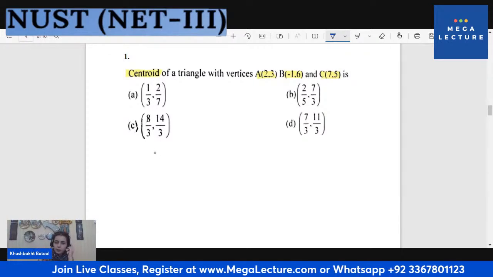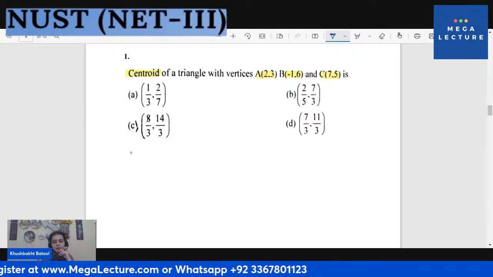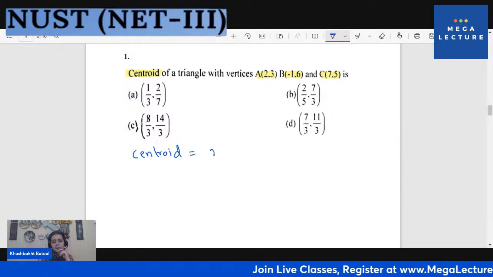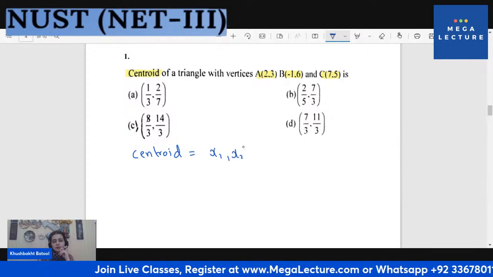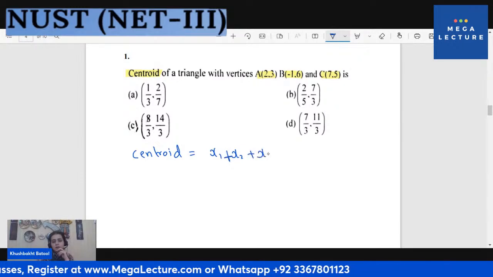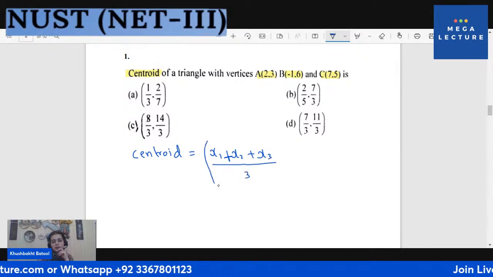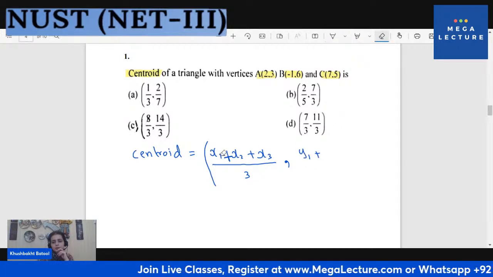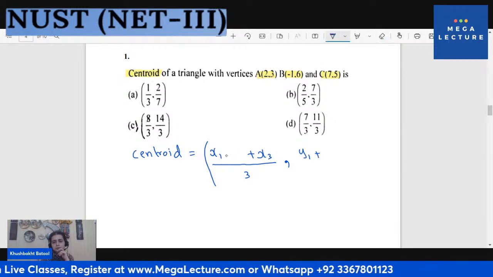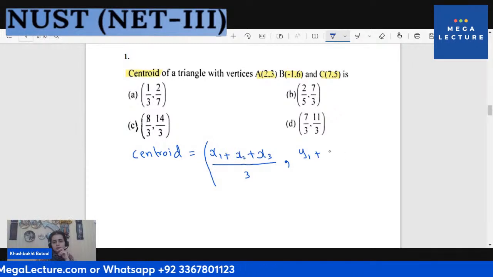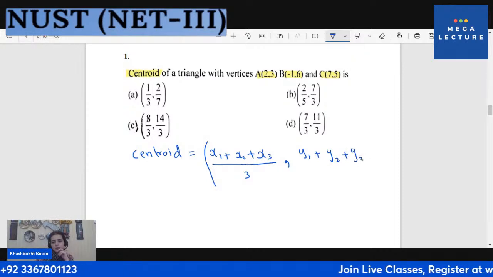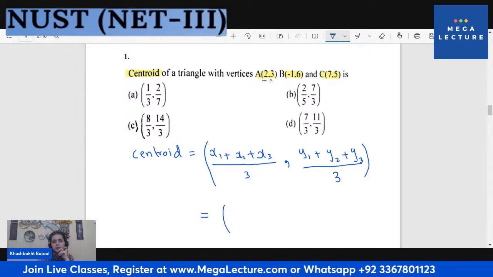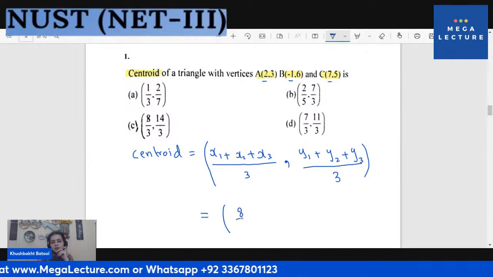Okay. Now, we know that the formula for centroid is basically x1 plus x2 plus x3 divided by 3, comma y1 plus y2 plus y3 divided by 3, and this is going to give you 2 minus 1 plus 7, that is 8 by 3.